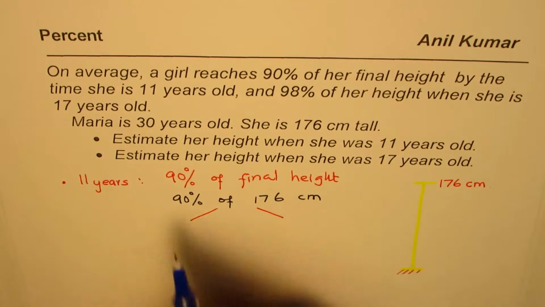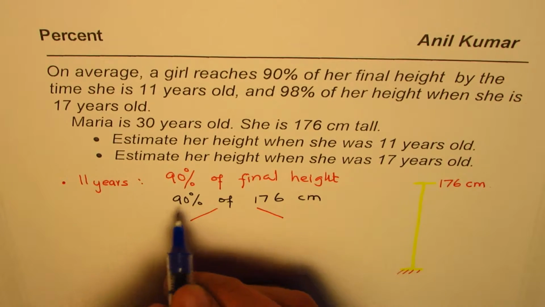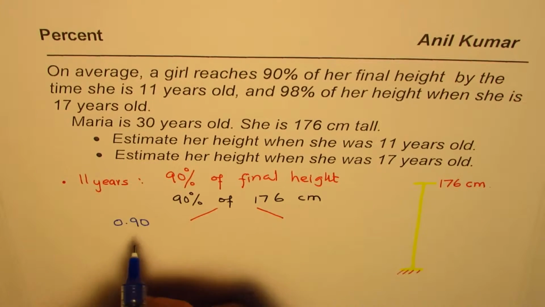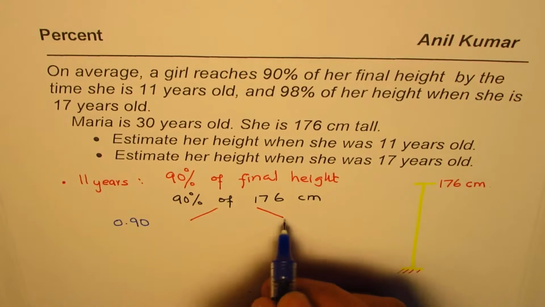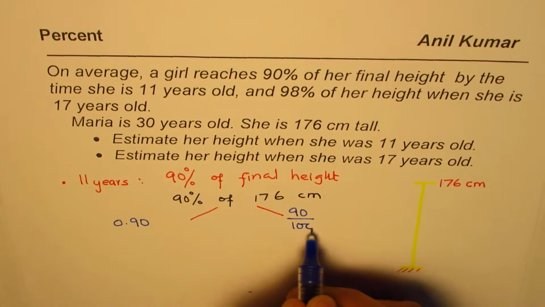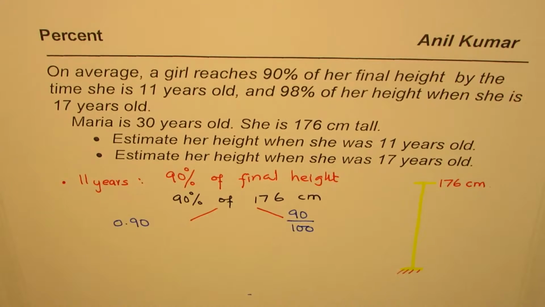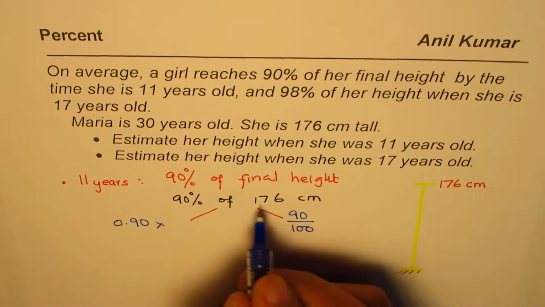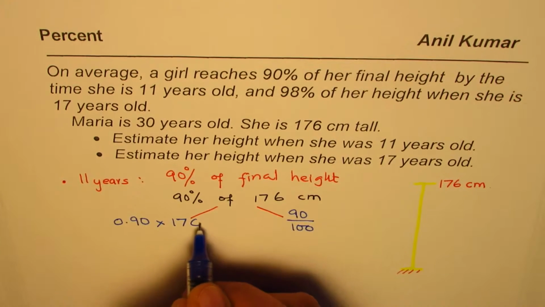So in decimals, 90% is written as 0.90. That is in decimals. That is 90%. In fractions, it is 90 divided by 100. Is it okay? Both are the same things. Now, of means multiplication. So we get times 176.